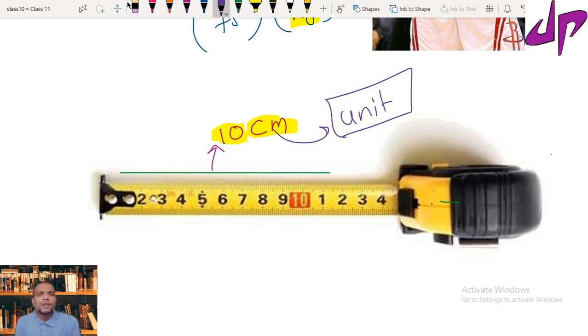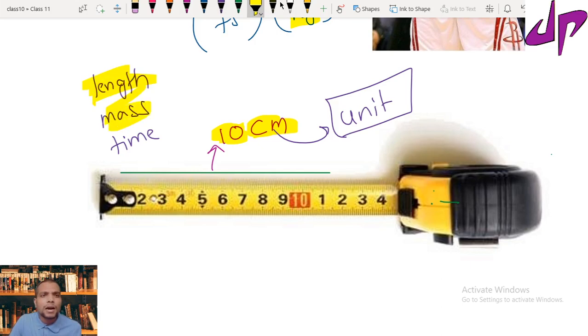Physical quantities are nothing but things which we can measure. What can we measure? We can measure length, mass, and time. These three physical quantities we often use to measure.